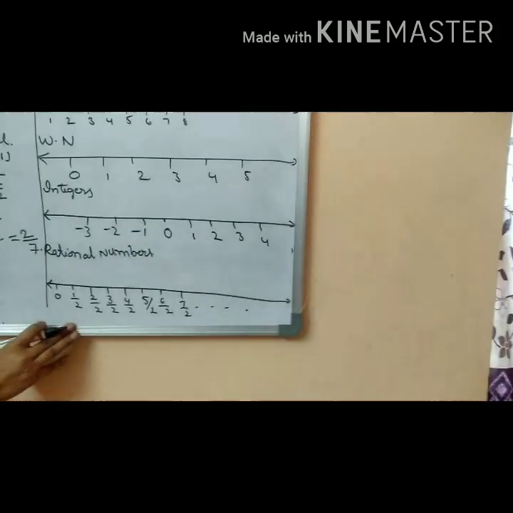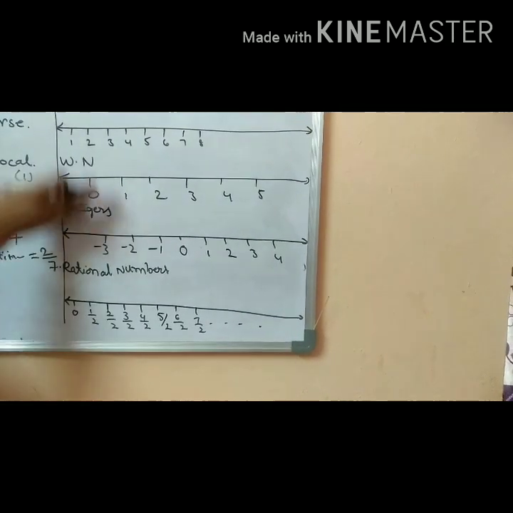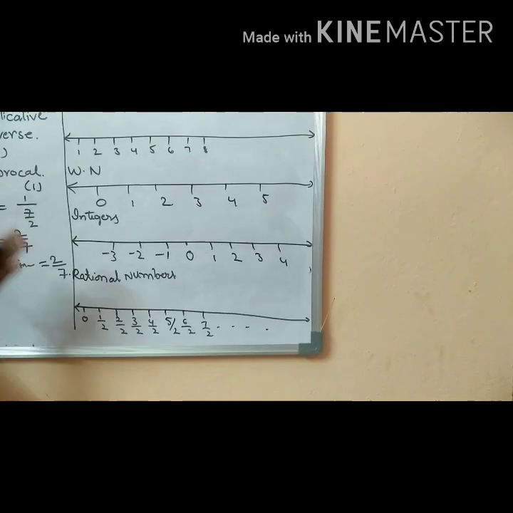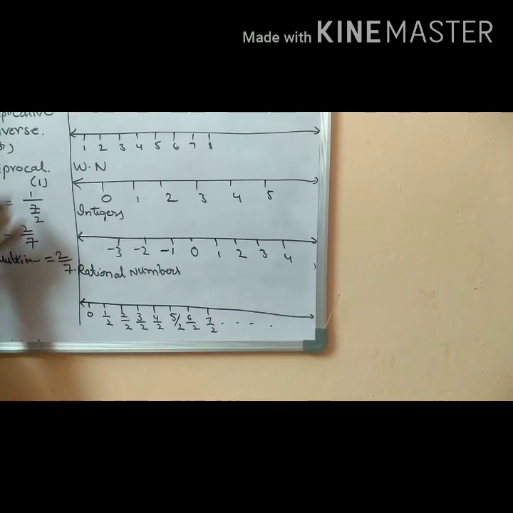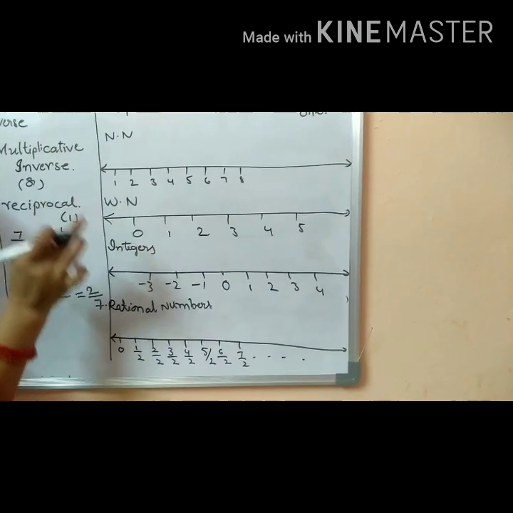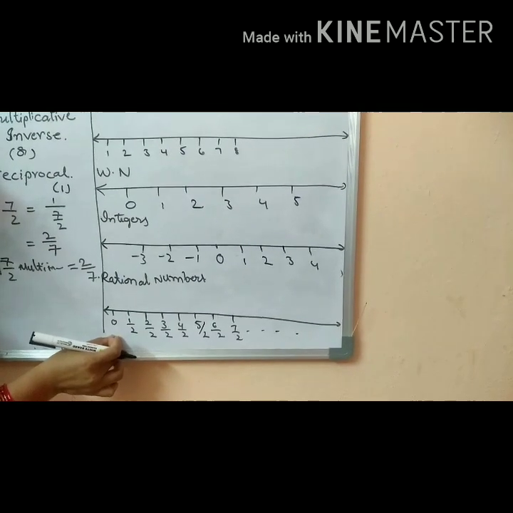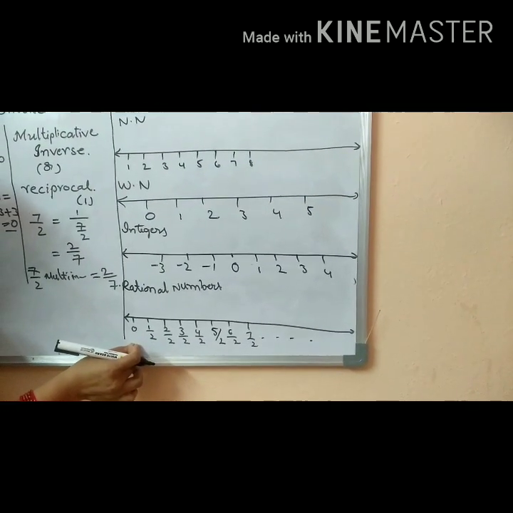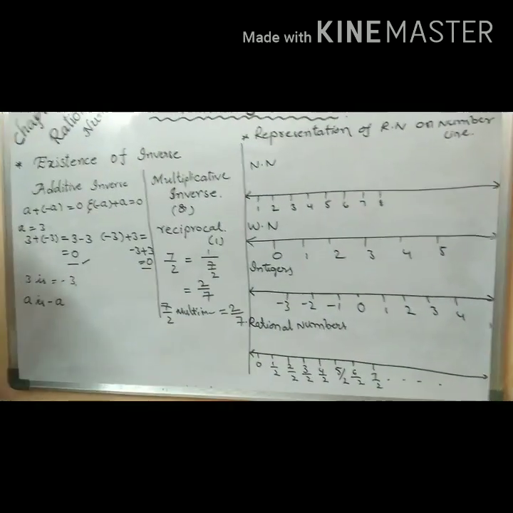It is rational numbers on a number line. Did you understand, children? All types of numbers should be mentioned on the number lines: natural numbers, whole numbers, integers, and rational numbers. Okay, children? Okay. Next.